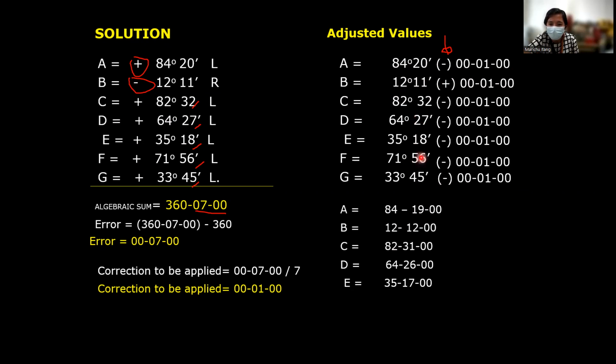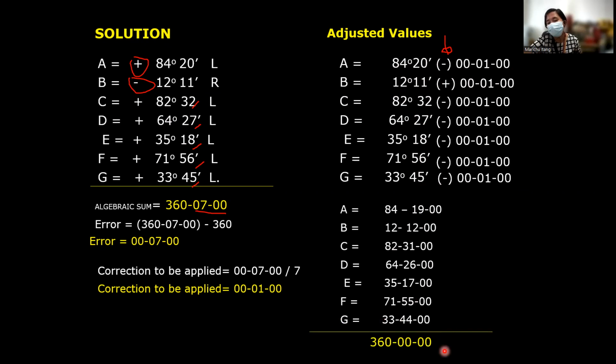Minus 1 minute, that is 55. And minus 1 minute, that is 44. Then you take the sum of all these angles, this is equivalent to 360 degrees. If not, then there is something wrong with the correction, or something wrong with your error computation. So okay, this is now the adjusted deflection angle.